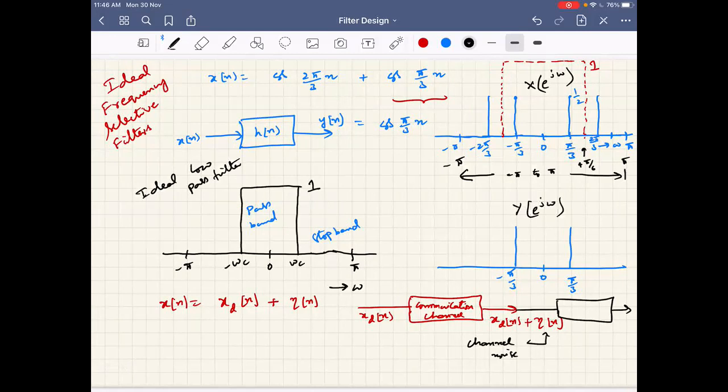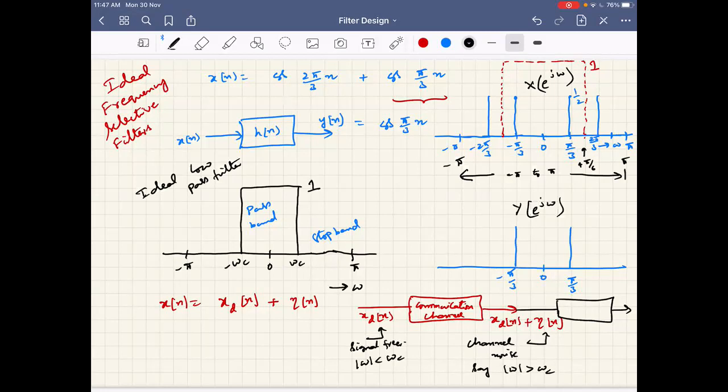Usually, for simplicity, the noise frequencies are greater than some omega c, and the signal frequencies are roughly less than omega c.